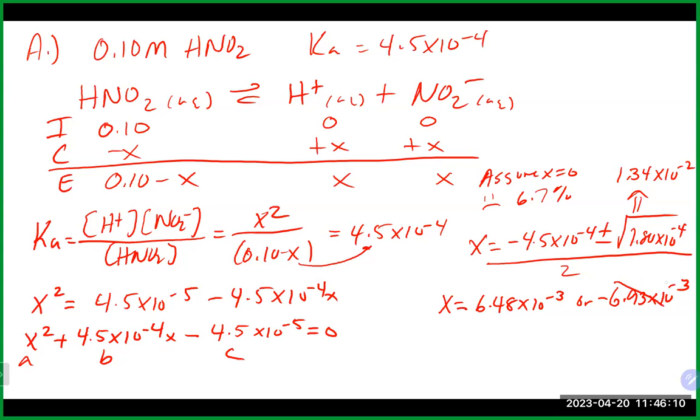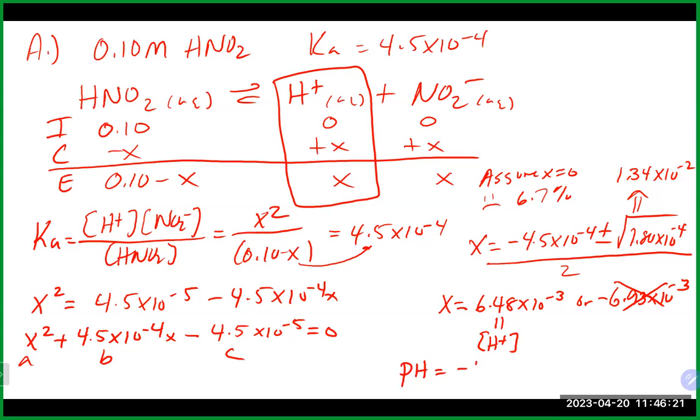And that means we can't use it because, as we can see from our table, that is what x is equal to. So that should be our H plus concentration, which means now we could go into our pH, minus the log of 6.48 times 10 to the minus 3. And it looks like we're going to open up our titration here with a pH of like, I think, 2.19.